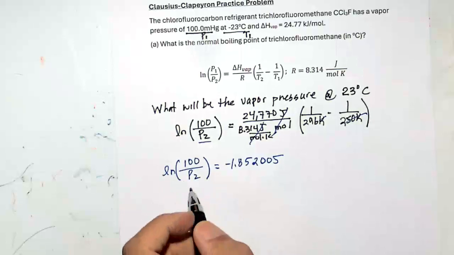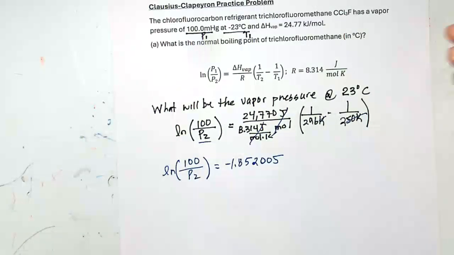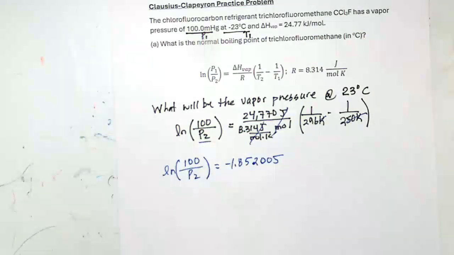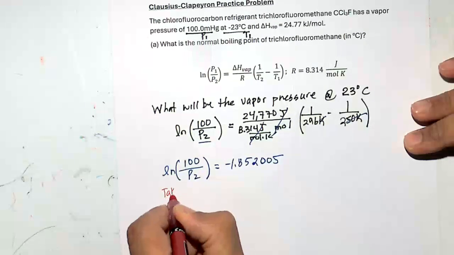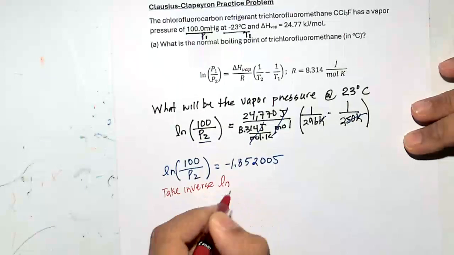Now the question to you is, how do we solve for P2? This is the point where you're going to take the inverse natural log. This is the math where students mess up. And what is the inverse natural log on our calculator? Very good.